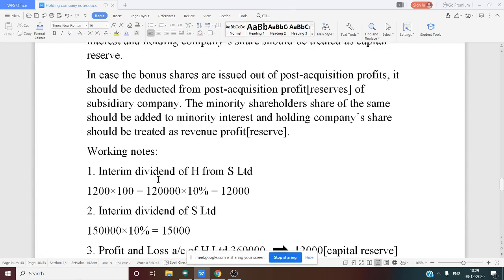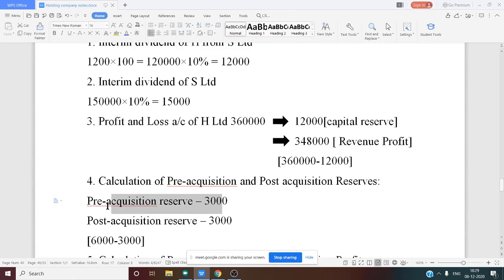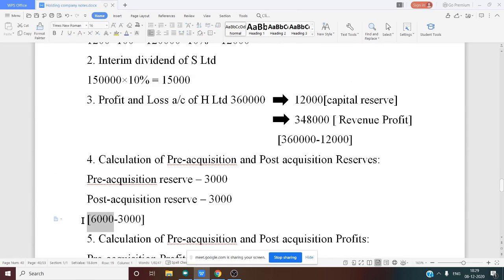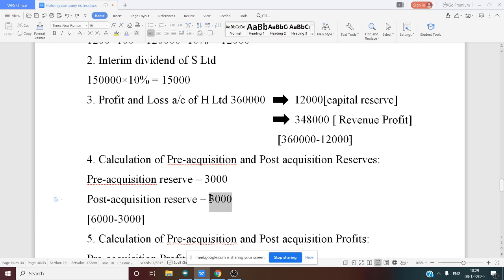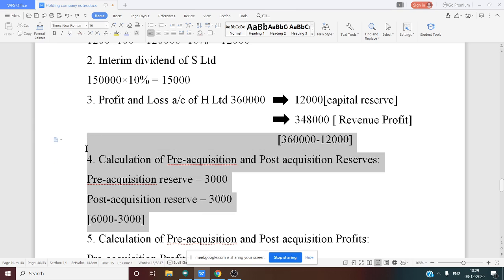So we can easily determine that 3,000 is pre-acquisition reserve. Total reserve, we know, is given in the balance sheet of the subsidiary company, 6,000. So post acquisition reserve is 6,000 minus pre-acquisition reserve 3,000. So you will get post acquisition reserve as 3,000. Yes. So both answers are the same, 3,000 and 3,000. That is working note number 4.